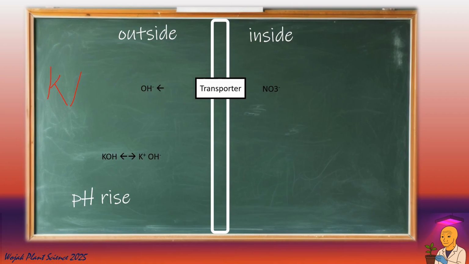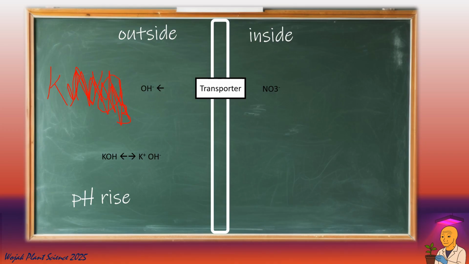Remember, we had KNO3 at neutral pH, okay? We lose the nitrate, and we get OH minus in return. So we have K plus and OH minus.